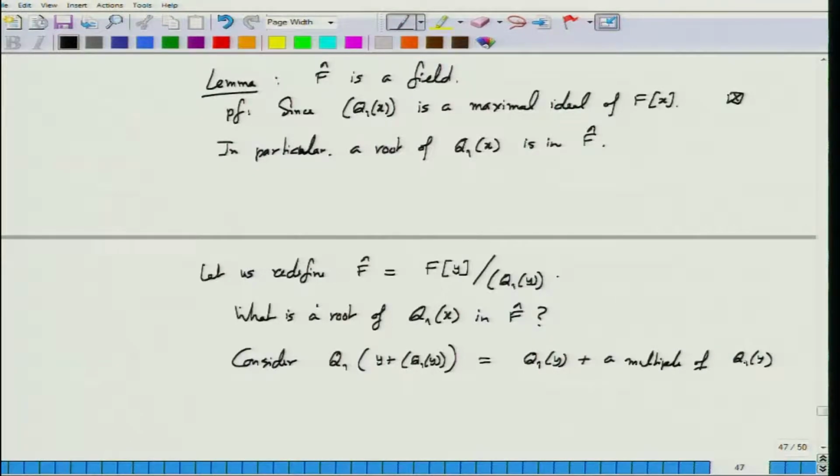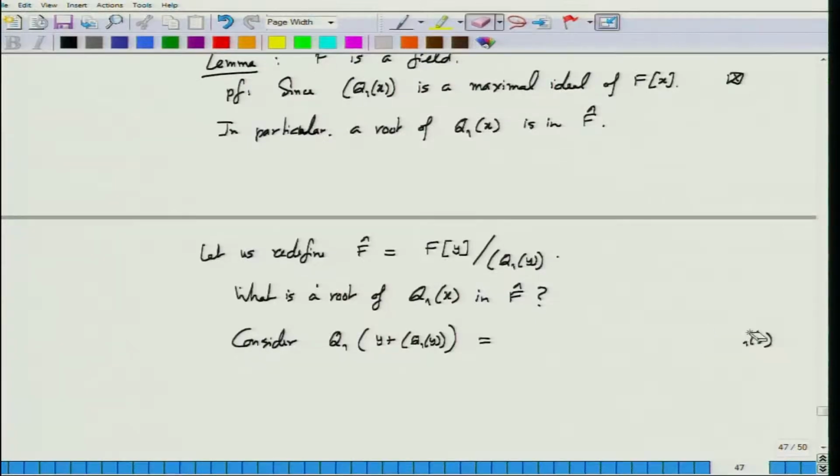You don't see that? Okay, let's do it more slowly. Let me erase this.